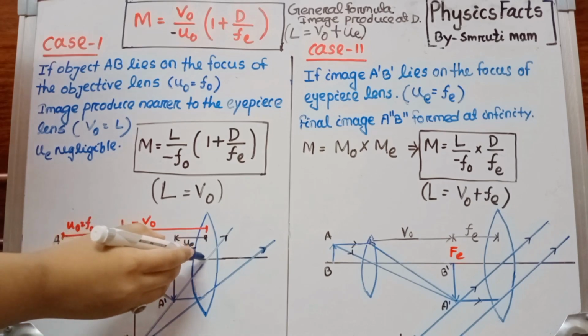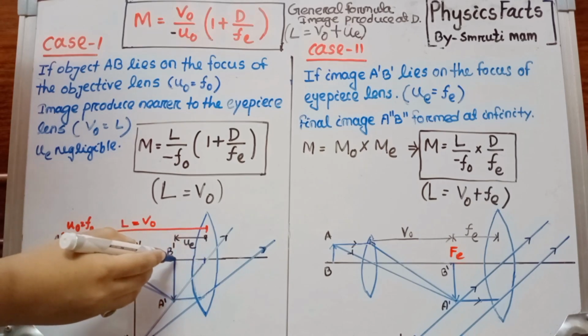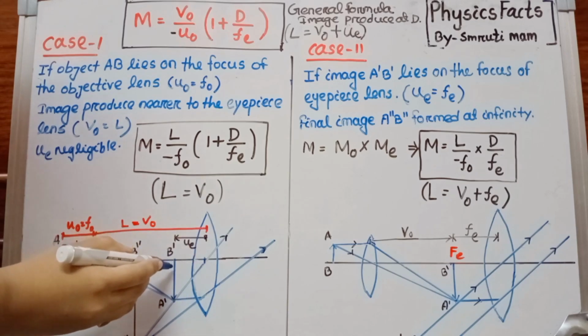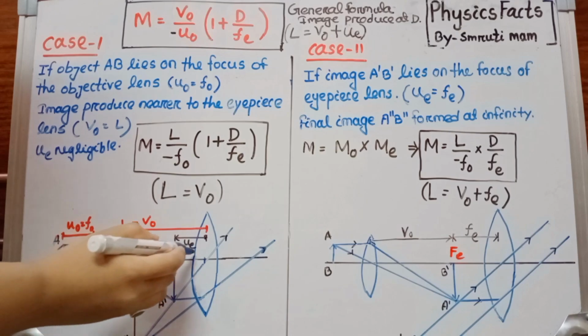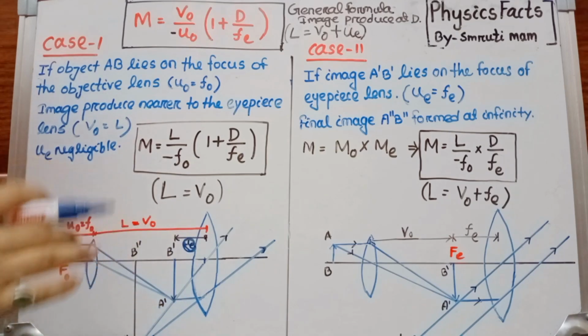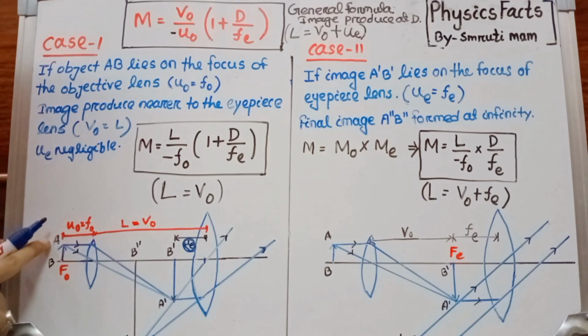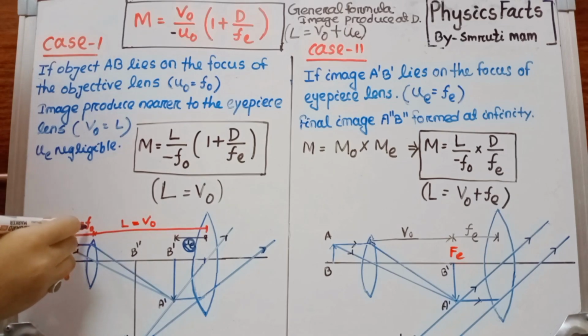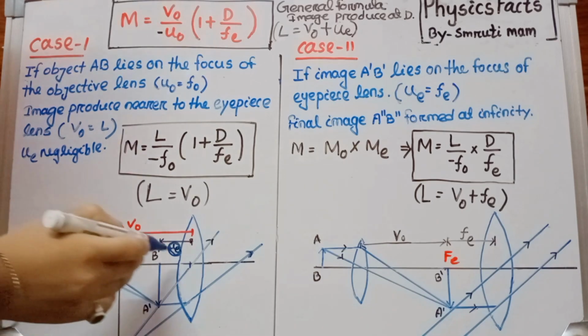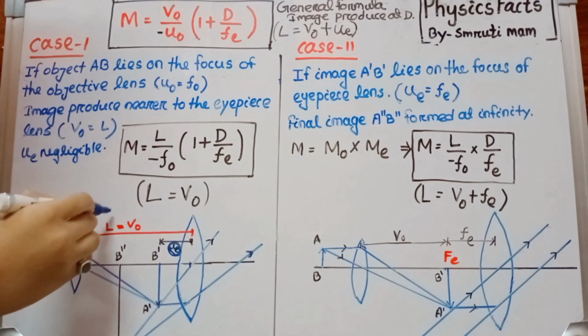That means this distance from the optical center to A prime B prime is the object distance for the eyepiece lens. This UE is negligible. As the object is placed on the focus of the objective lens, UO equals FO. Image A prime B prime is very near to the eyepiece lens, so UE is negligible.